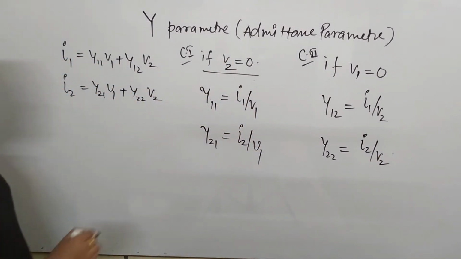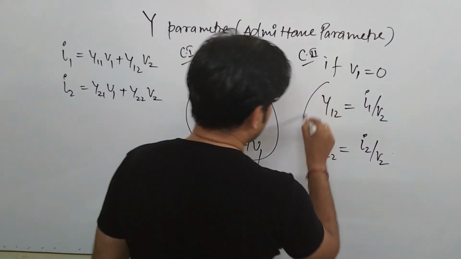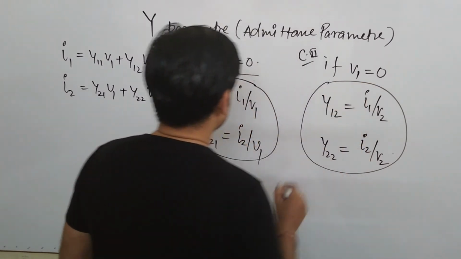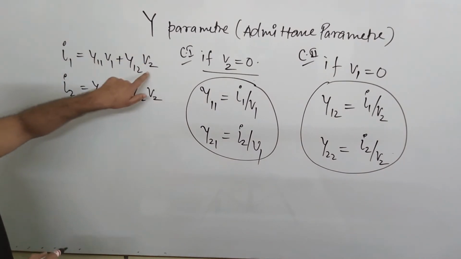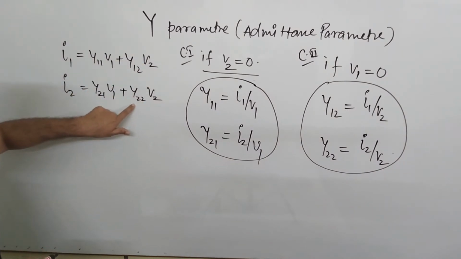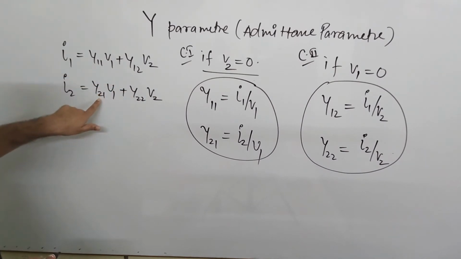So this is one condition, this is another condition. From here one thing is very clear: when V2 is 0, these two terms go to 0, so Y11 comes to be I1 by V1 and Y21 comes to be I2 by V1.